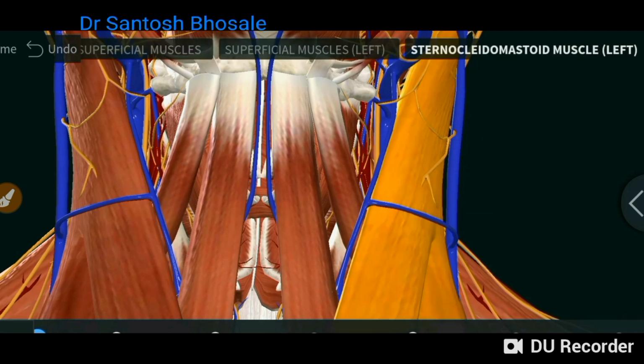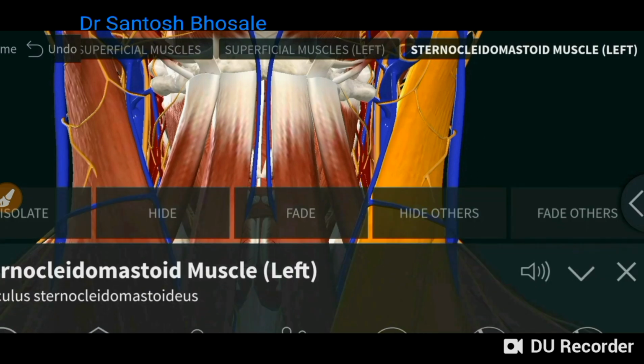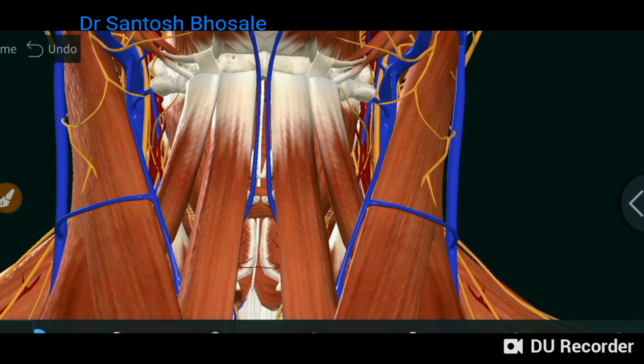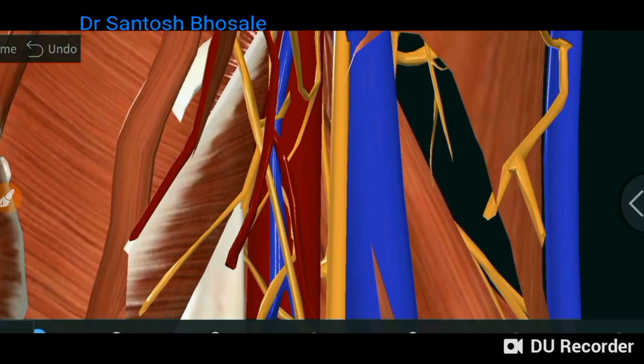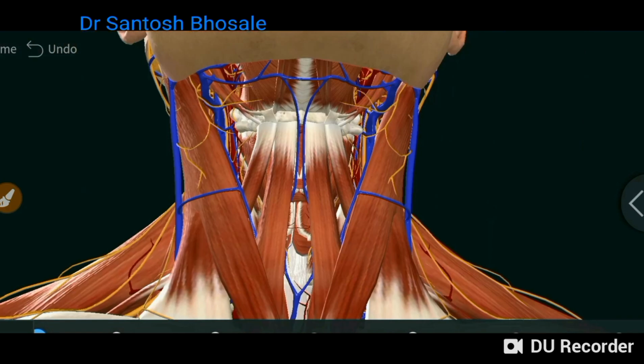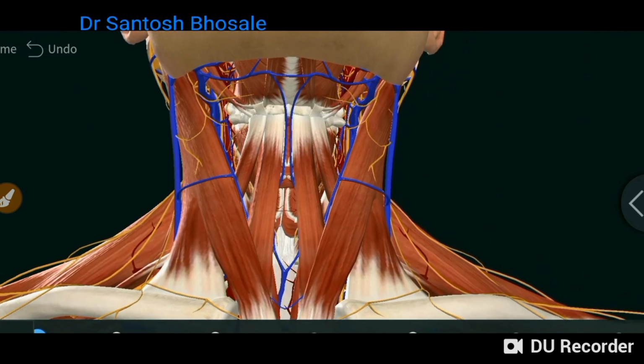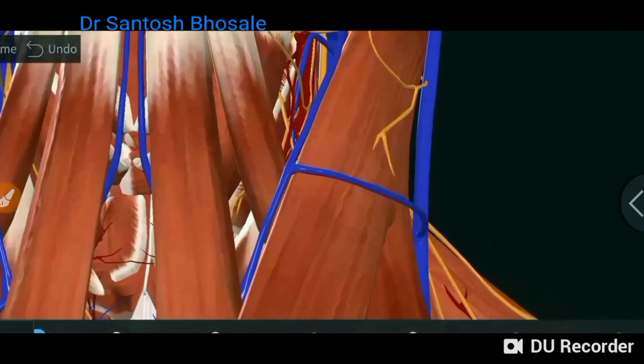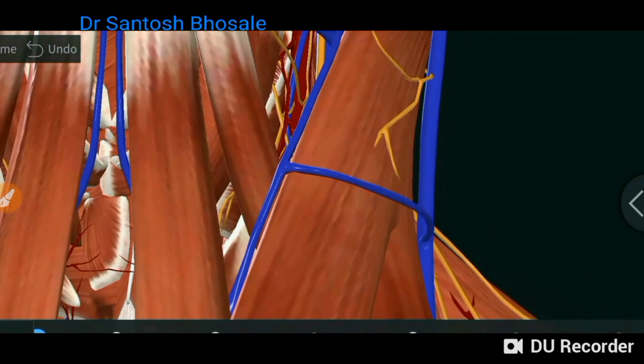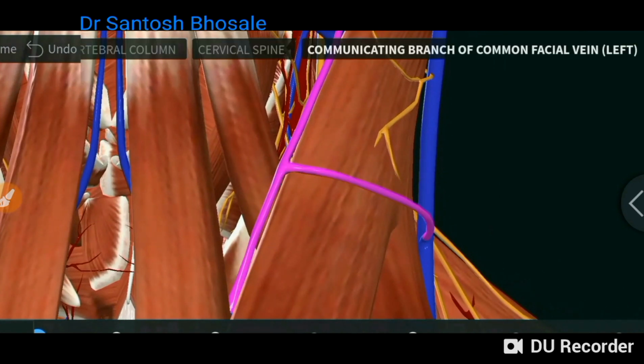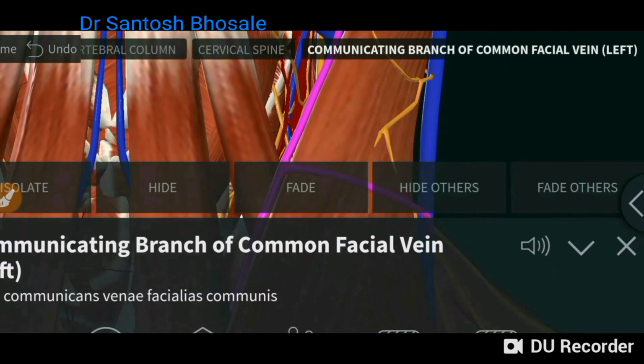That is the sternocleidomastoid muscle, and in the anterior part of sternocleidomastoid muscle you will see the common facial vein and tributaries of the external jugular vein. If you zoom in, you can see that is the transverse cervical nerve, and this is the communicating branch of the common facial vein.